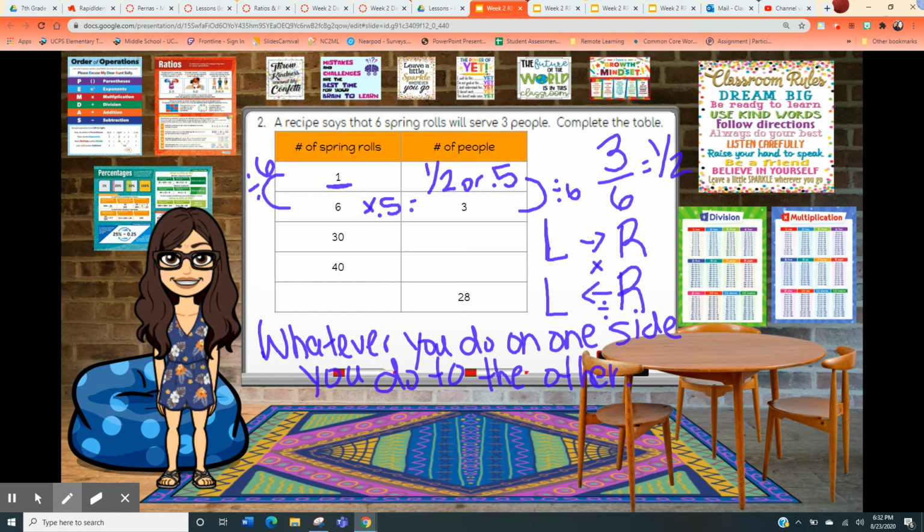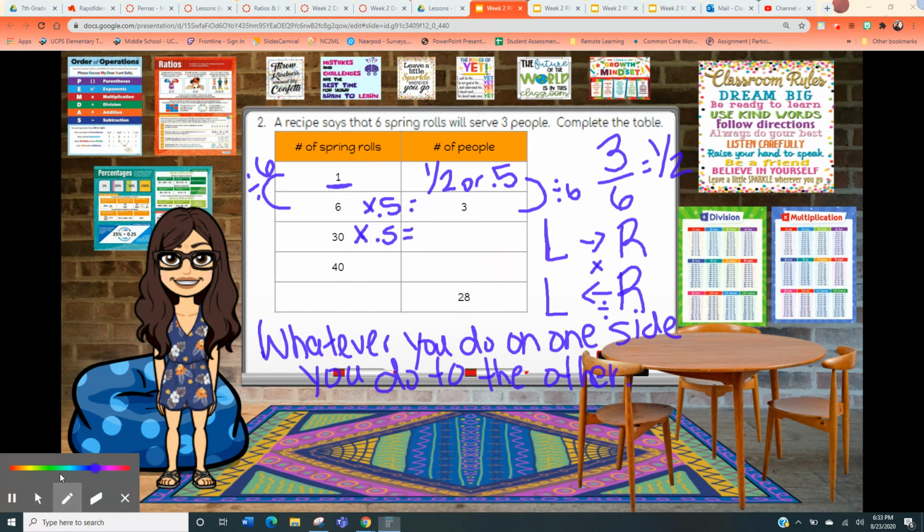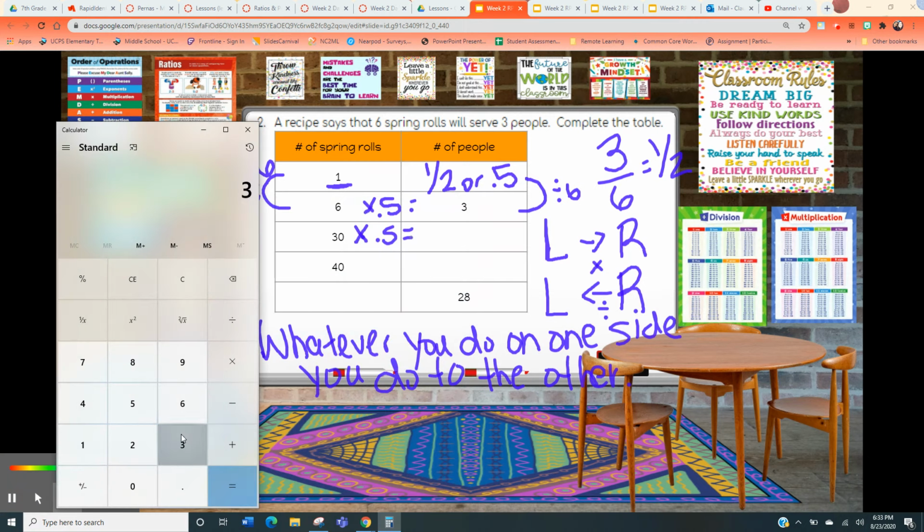Now I'm going to do the same thing with 30. I'm going to take 30 times 0.5. You can also do times 1/2. And let's see what that's going to give me. If I use my calculator, it'll be 30 times 0.5 equals, it gives me 15.